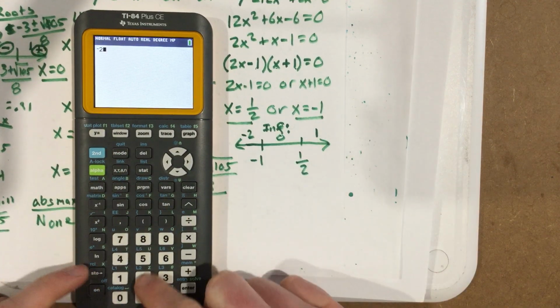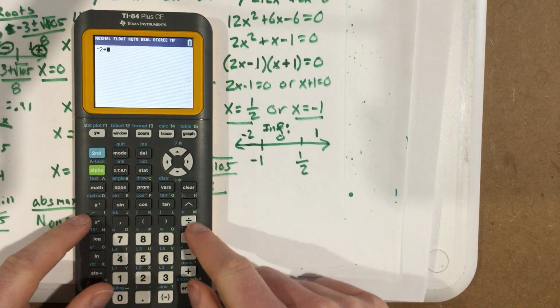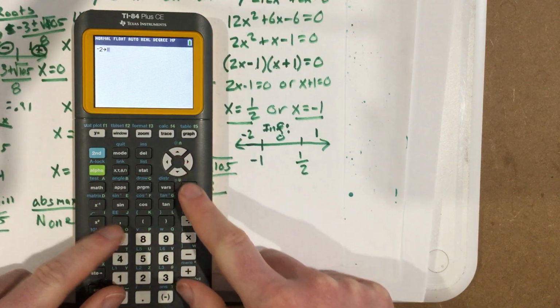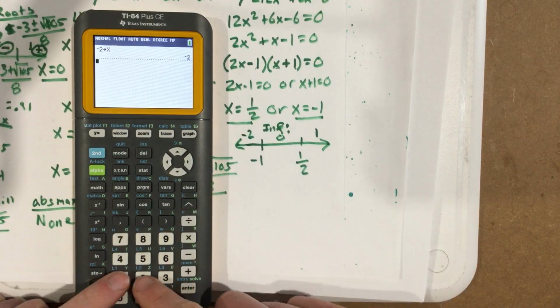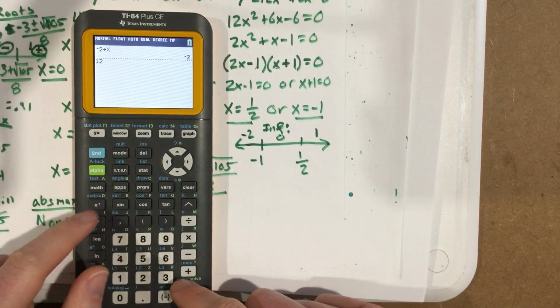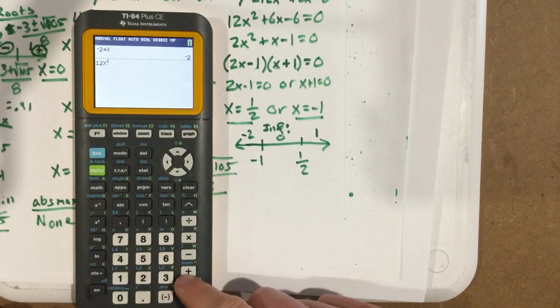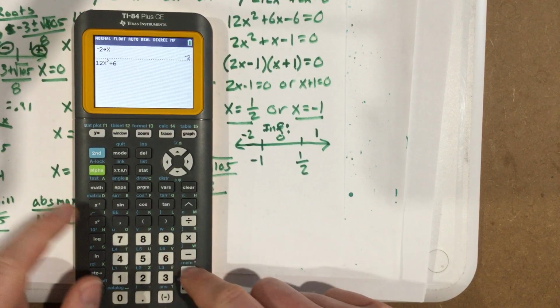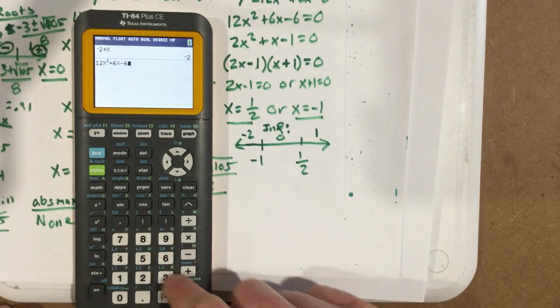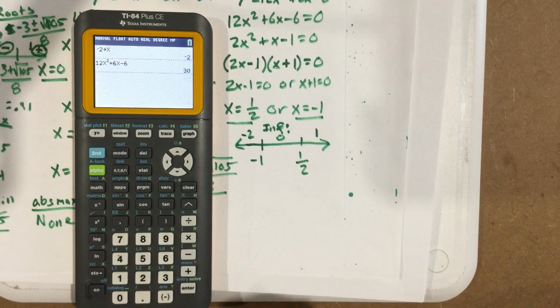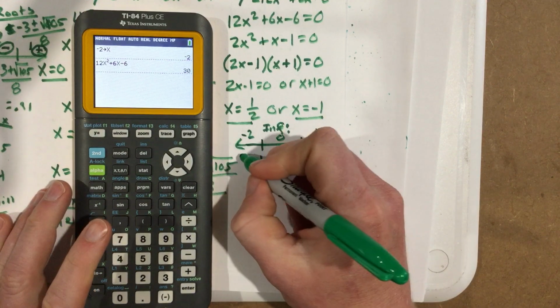So again, I'm going to use -2, and I'm going to store it as x. I'm going to plug in that function, which is 12x squared plus 6x minus 6. Okay, it gives me a positive, so this is a concave up area.